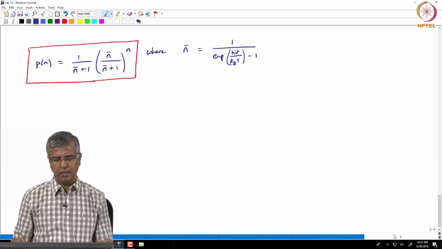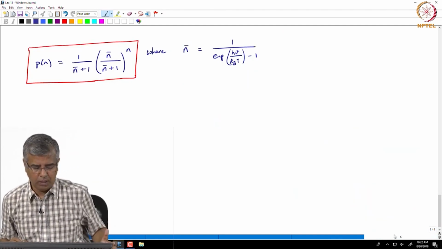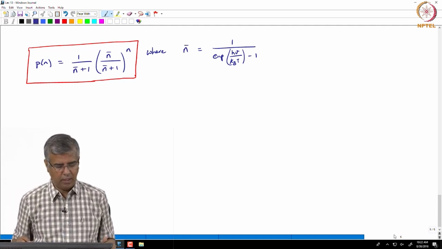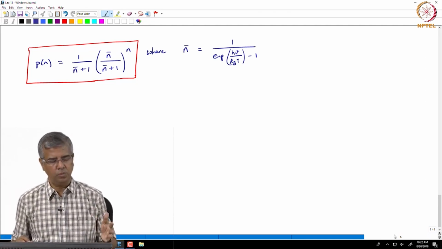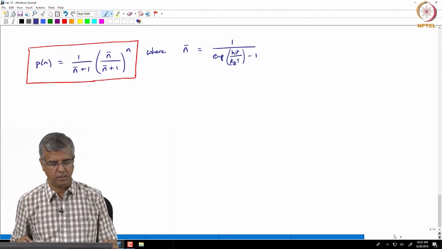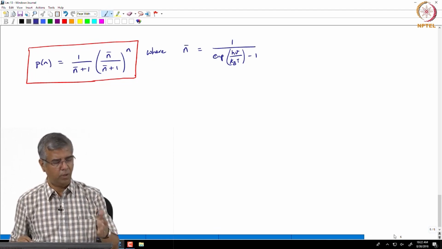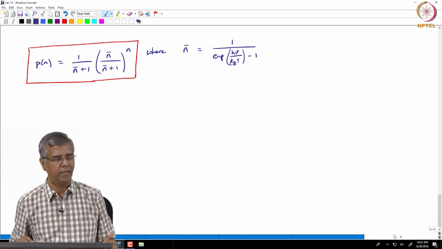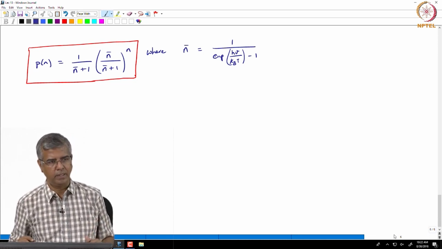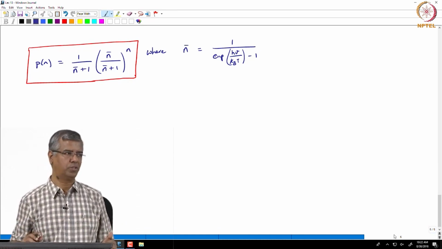So if we actually plot this P of n, we have had this discussion before, where we were looking at the probability of emitting n photons for a generic light source.